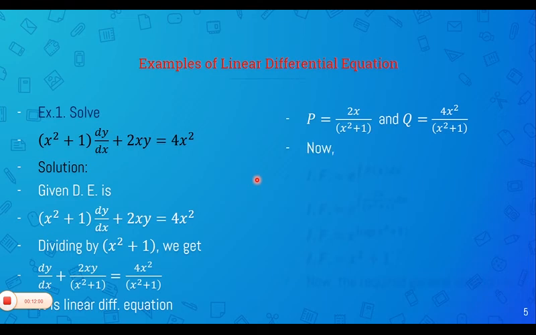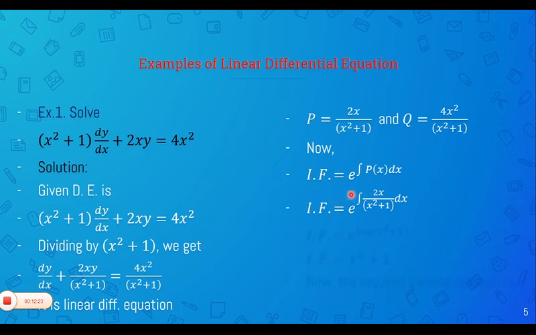So first write the definition: integrating factor is equal to e to the power integration p dx. Put the value of p inside the integration, that is e to the power integration 2x upon x square plus 1 dx. We know the derivative of x square plus 1 is 2x, which is present in the numerator.